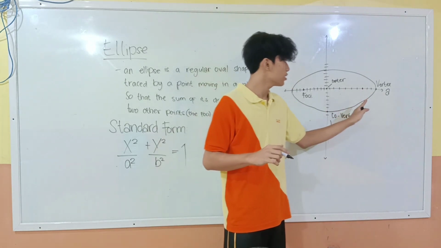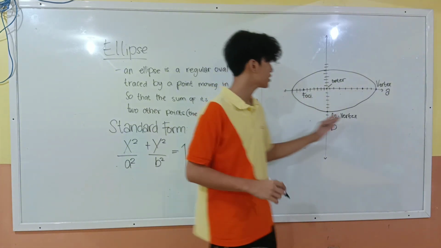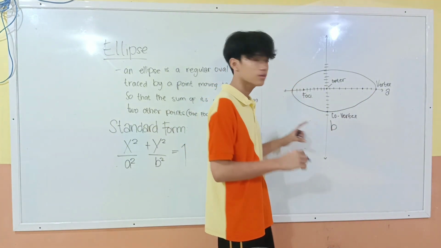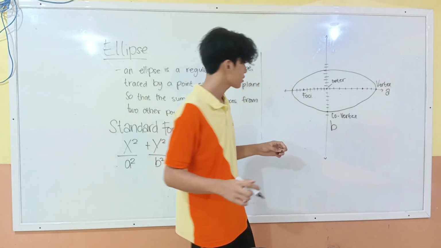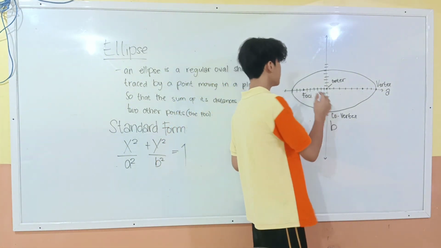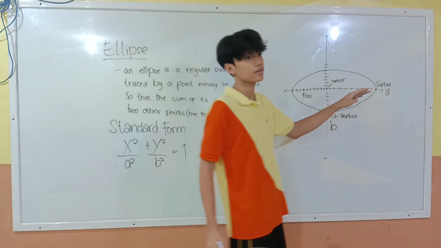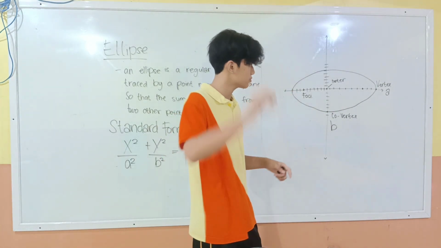So right here, our vertex is on that x-axis. And then the one with the lower value is called our co-vertex. And then we have our two foci. So right here is our foci, and then right here is our foci. A foci is where it is graphed mostly.